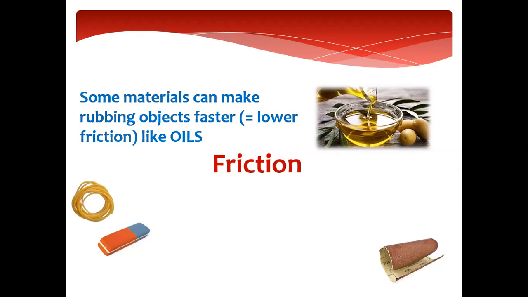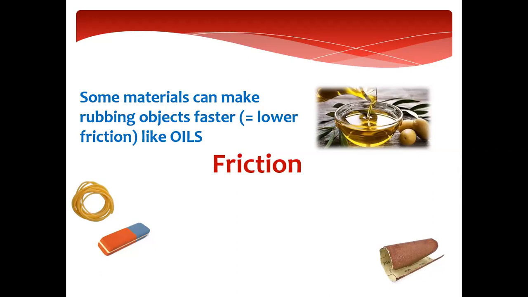You will slide. Why? Because oil is a substance which lowers the friction. What does lowering the friction mean? It means it makes the object rub faster. It doesn't have the friction. It makes you slide.